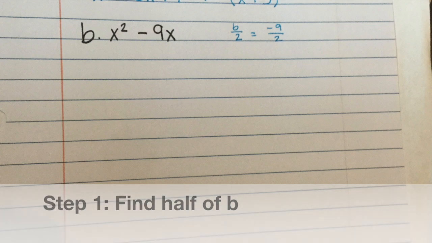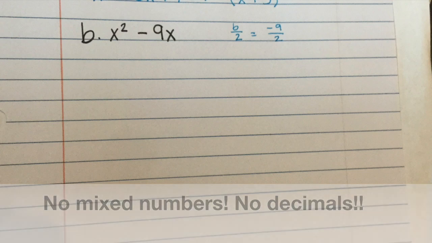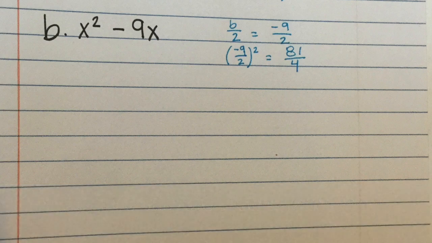I do not want you converting your fractions into mixed numbers. Moving forward, we will leave all fractions as improper fractions instead of rewriting them as mixed numbers. After that, step 2 is to square the result from step 1. So I'm going to square negative 9/2, which gives me the fraction 81/4. Again, I'm leaving it as an improper fraction and not converting it into a decimal or a mixed number.